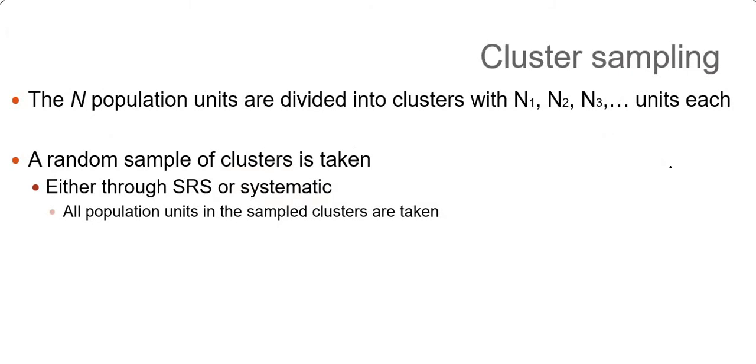The n population units are divided into different clusters this time, and a random sample of clusters is taken. We will not take a sample from each cluster, but we will take an entire cluster, a random sample of clusters, either through SRS or systematic sampling.